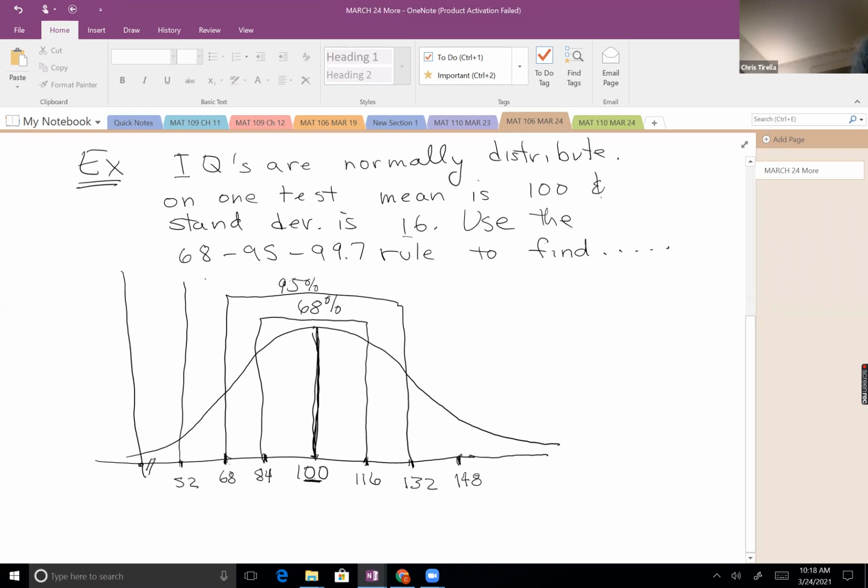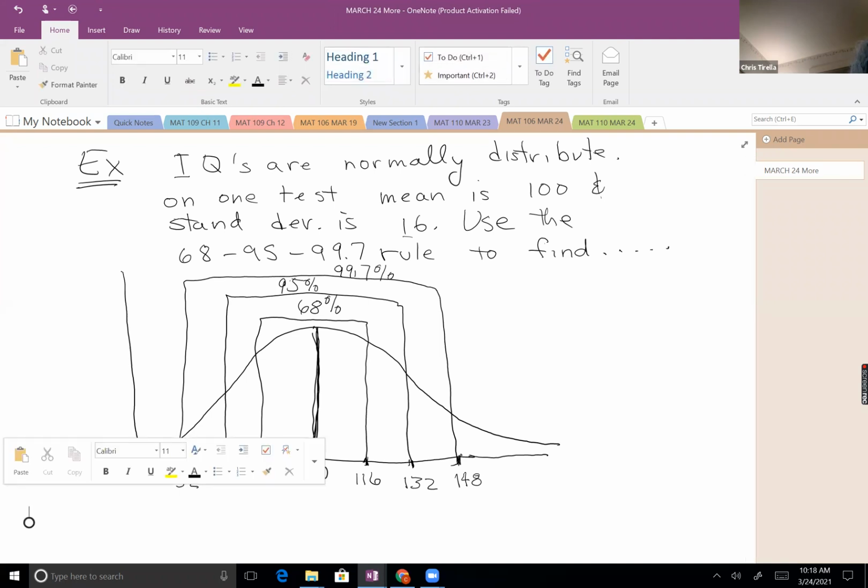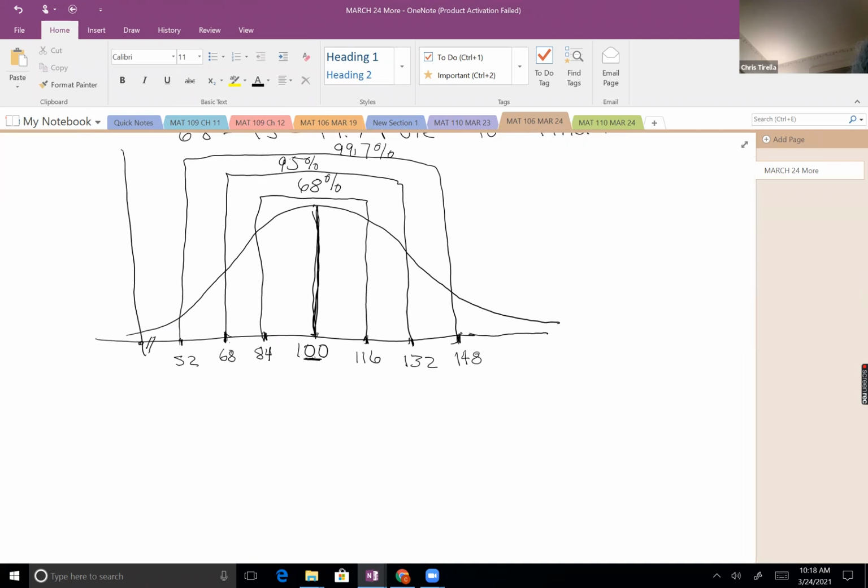And then if I connect the third one on each side, that's my 99.7%. We spent a lot of time last class going over and developing those. Now let's use them to answer the questions.